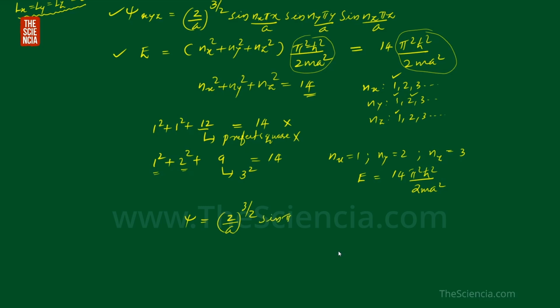That is pi x by a into sine ny. What is the ny value? That is 2 pi y by a into sine nz. See, what is the nz value? 3. That is 3 pi z by a. So we got the wave function corresponding to this energy.